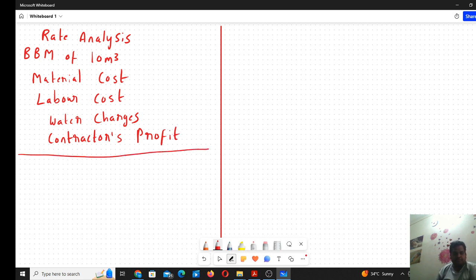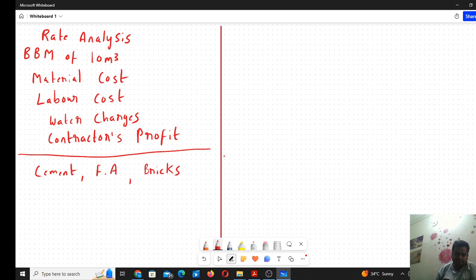Now first, when I am talking about burnt brick masonry for 10 m cube, the major ingredients involved are cement, then fine aggregate, and then water. These are the main ingredients as far as the mortar is concerned, and then we have the bricks which are to be considered for doing the rate analysis.